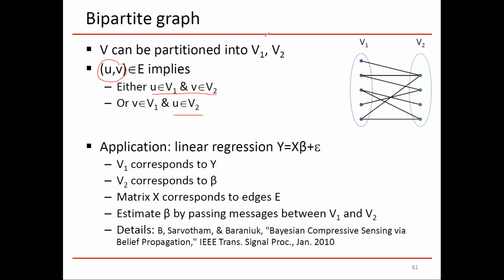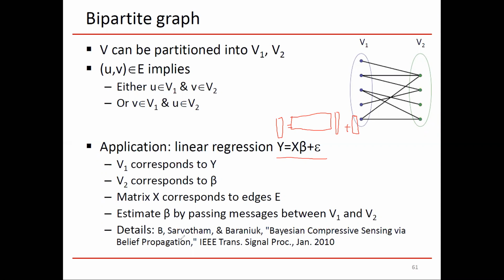Now here's an application. Imagine that you have a linear regression problem, y equals X beta plus epsilon. We'll talk more about this problem later in the course. So y is a vector, X is a matrix, beta is a vector, and epsilon is another vector. We can solve this using a graph as follows.